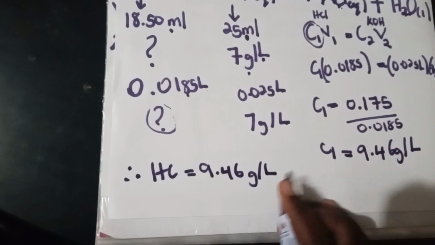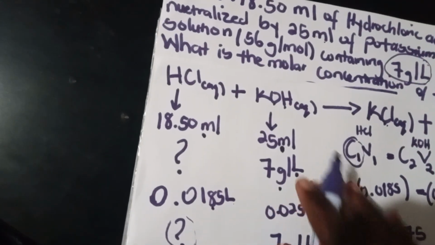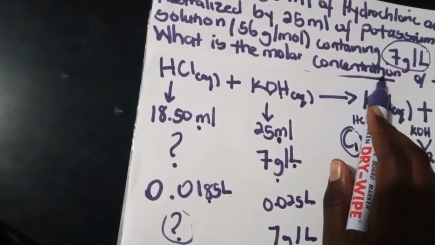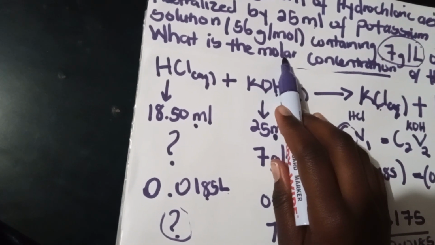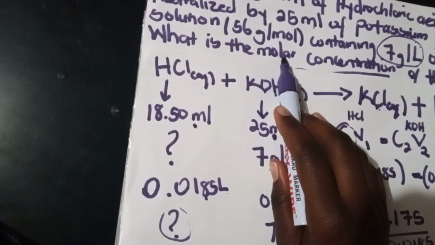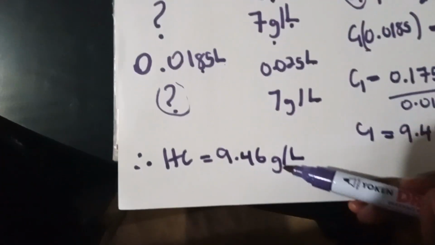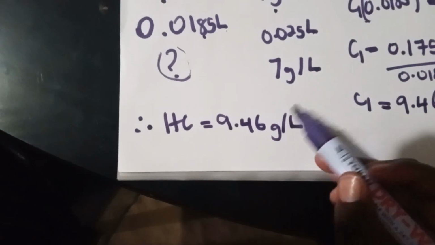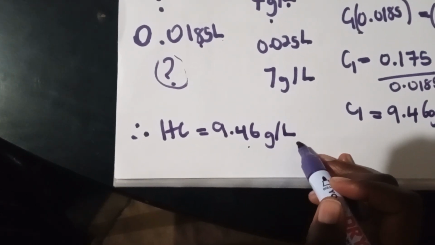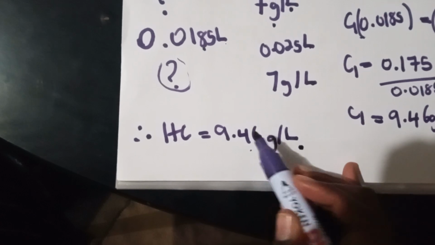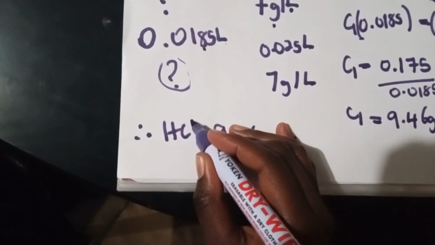But the question is asking what is the molar concentration of the acid. The units for molar concentration are moles per liter, not grams per liter. So we convert this grams per liter to moles per liter, and how we do that, we divide this answer over the molar mass of HCl.